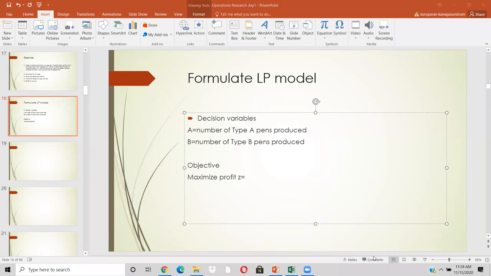It's 5 plus 3. We are producing A number of type A pens and B number of type B pens. So 5 times A, the number of type A we are producing, plus 3 times B, the number of type B units we are producing.